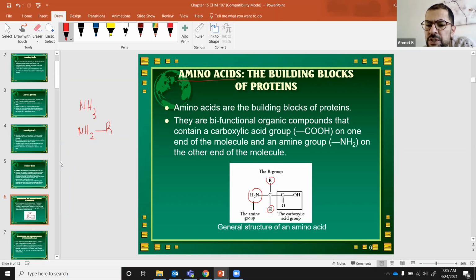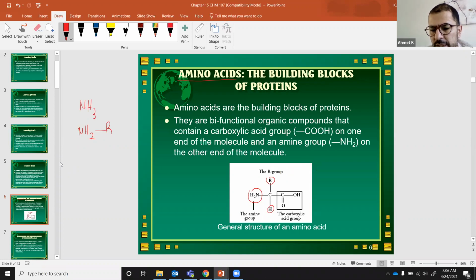By changing this R group, you can get different amino acids. As far as we are concerned, there are around 20 amino acids. So by changing this R group, you are getting a new amino acid. You can put, let's say, methyl here. This is one of the amino acids. But if you put ethyl, that's another amino acid. Make sense? The general structure is the same.